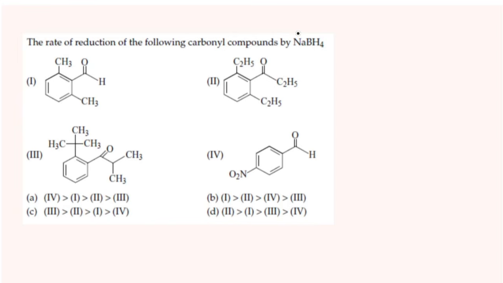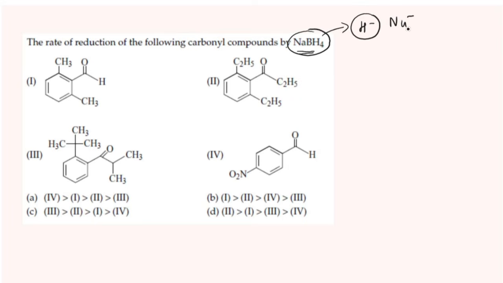The last question is quite simple if you already know the order of reactivity for aldehydes and ketones and the reaction of sodium borohydride with the carbonyl compounds. So in this question, you have to arrange the given molecules in the decreasing order of the reactivity towards the reducing agent sodium borohydride. Sodium borohydride furnishes hydride ions. That means what?